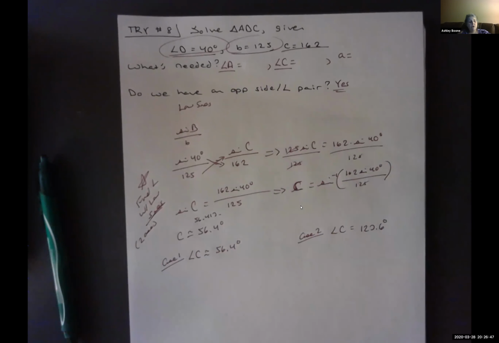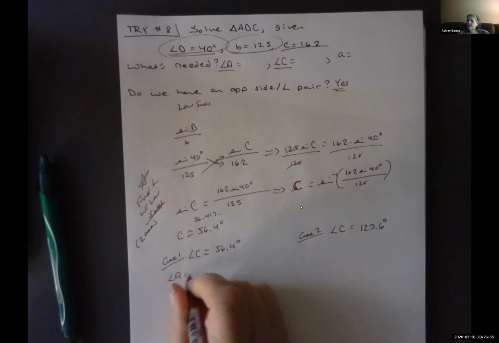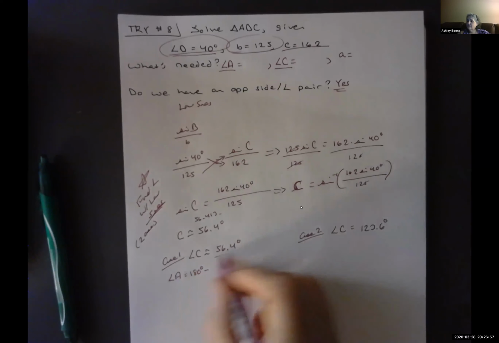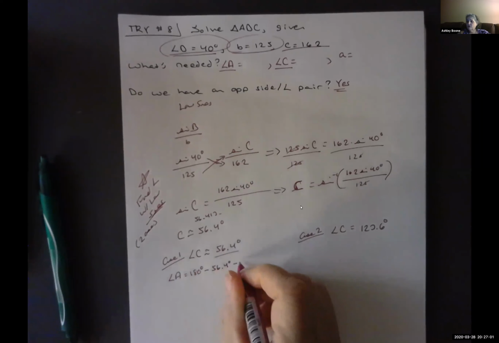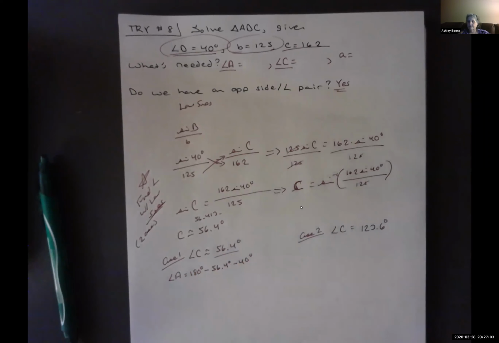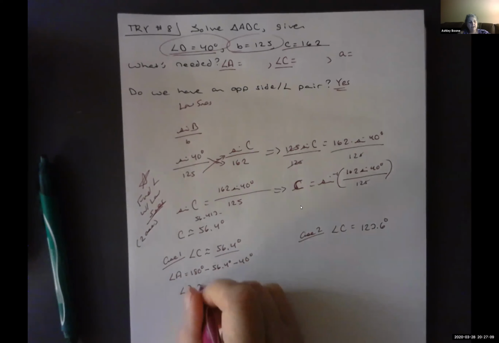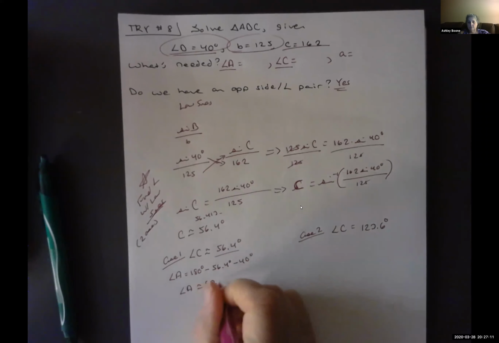Okay. So what's that mean about, let's see, that's angle C. We need angle A. Angle A we can get by going 180 degrees minus angle C, minus angle B, which we know. So angle A would be approximately 83.6.